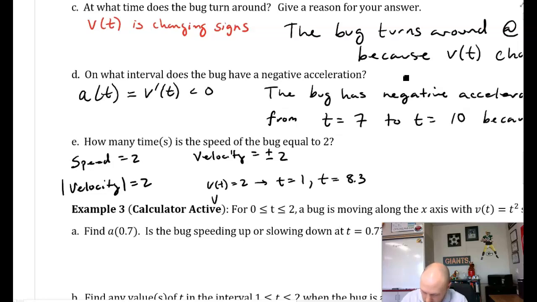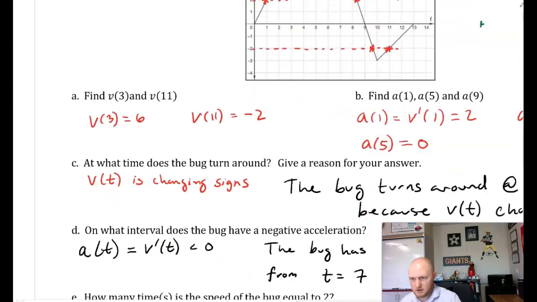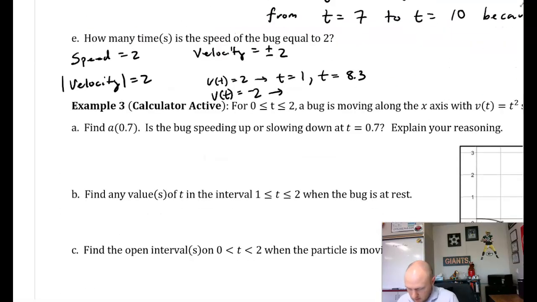And then where is v of t equal to negative 2? When is it equal to negative 2? So we'll go to my graph, and I look at negative 2. My velocity is negative 2 here, which means that my speed is 2. And that occurs here. I'm going to say 9.3 and at 11. Okay, so t is equal to about 9.3, comma, t is equal to 11.